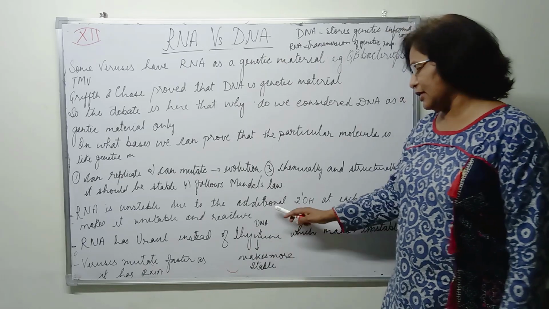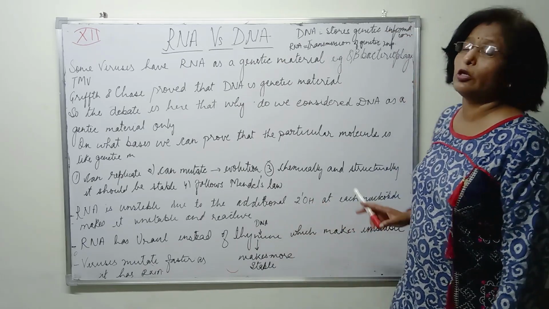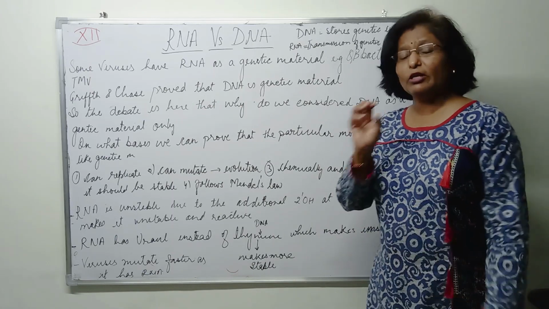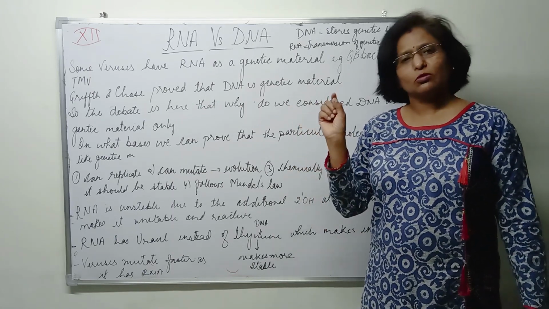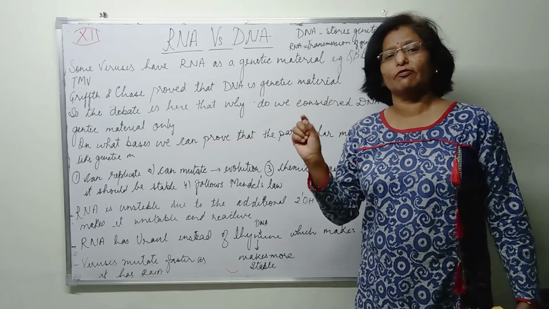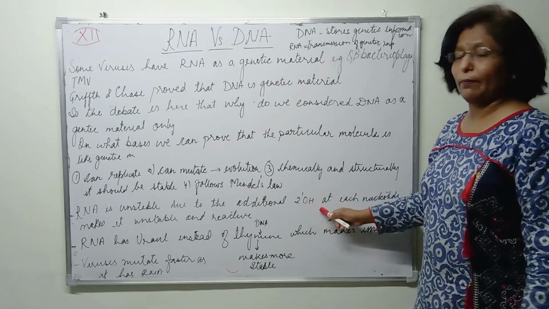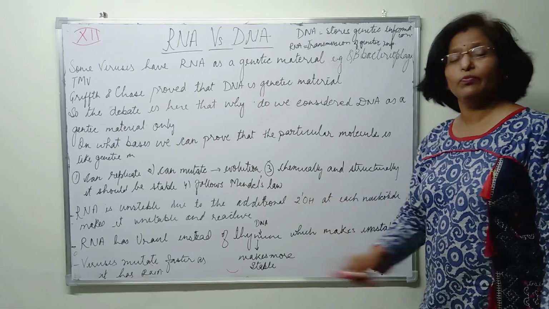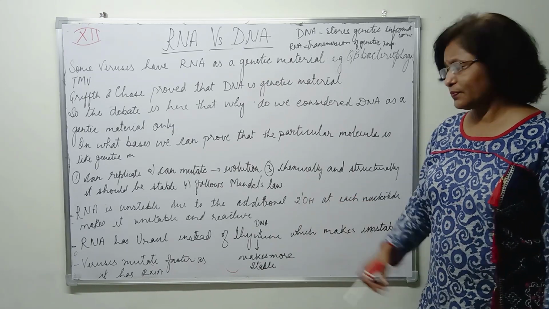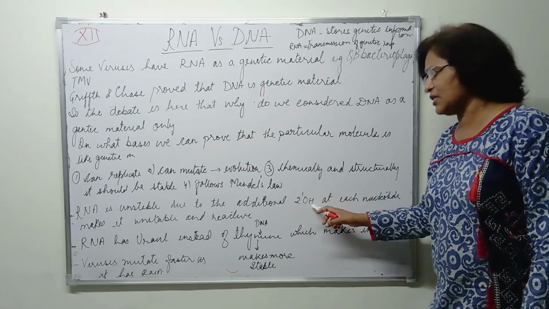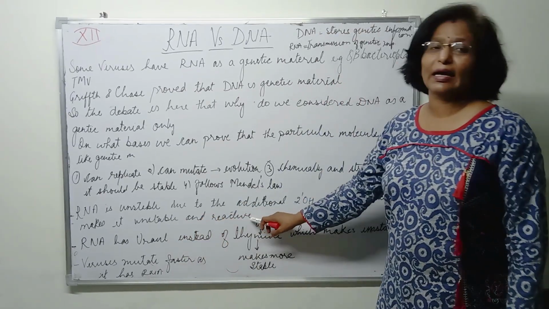Due to the additional 2'OH group at each nucleotide. In every nucleotide there is an additional OH group present at the 2' carbon position, and that makes it unstable and reactive.